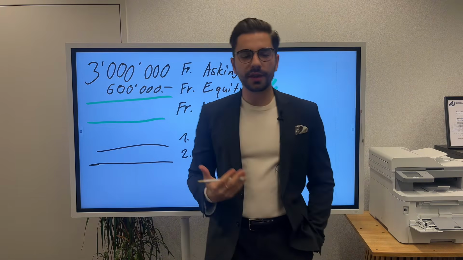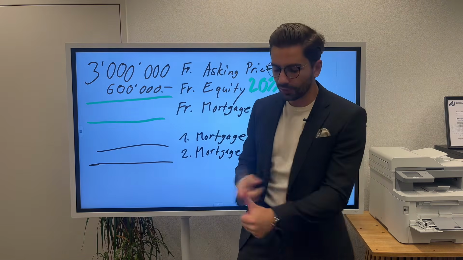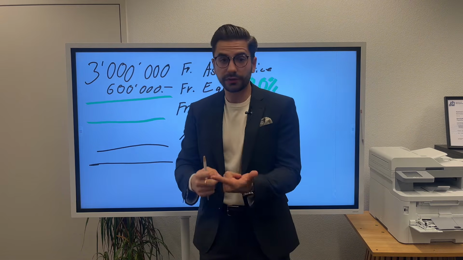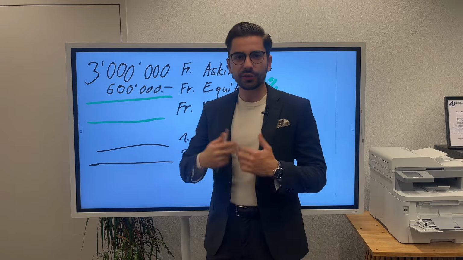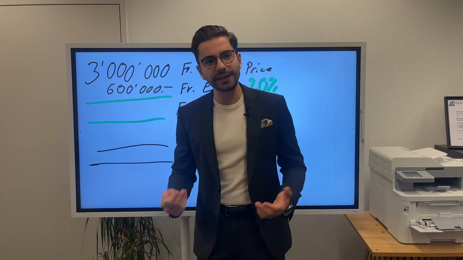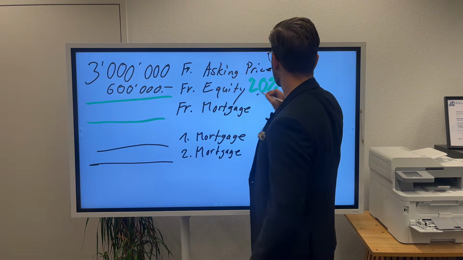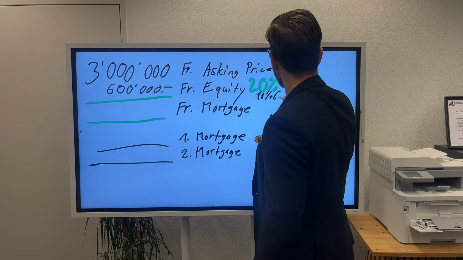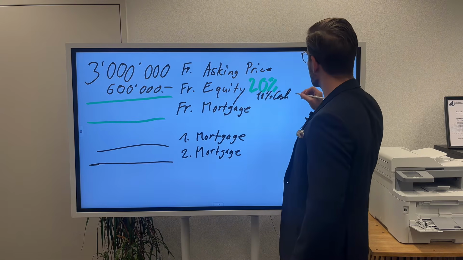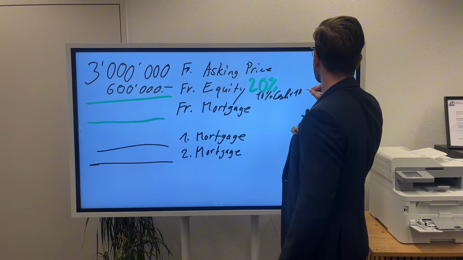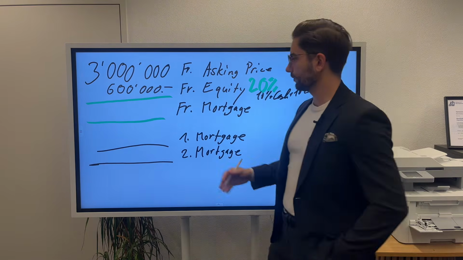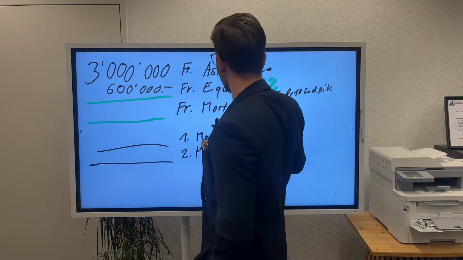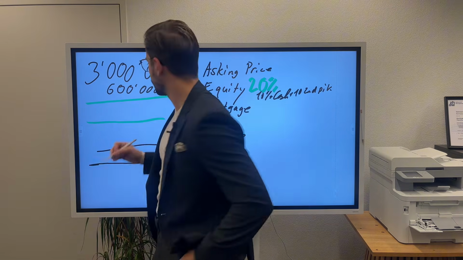You need to bring 10% cash, which can be from your third pillar, inheritance, or stocks which you sell, and the rest can be from your second pillar. So 10% cash is the minimum you need, plus 10% second pillar. Good. So you will have a mortgage of 2.4 million.